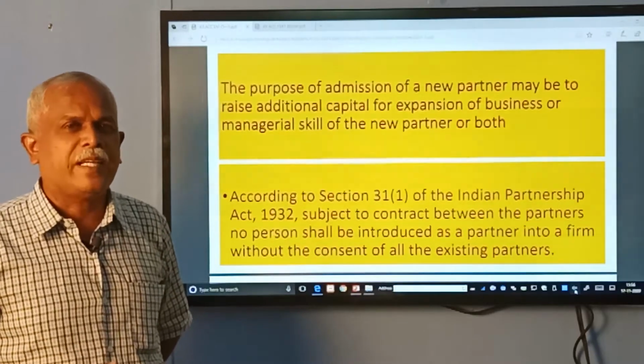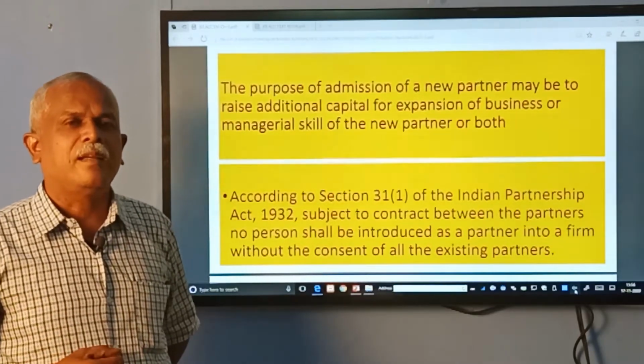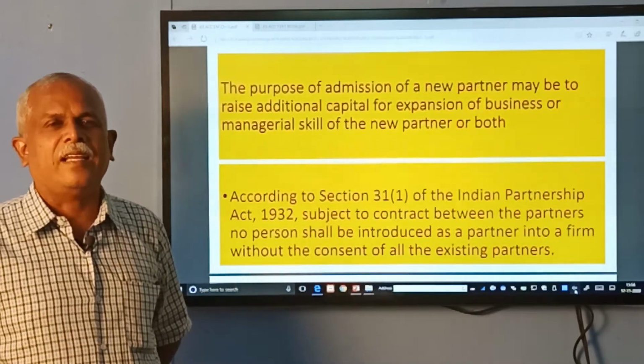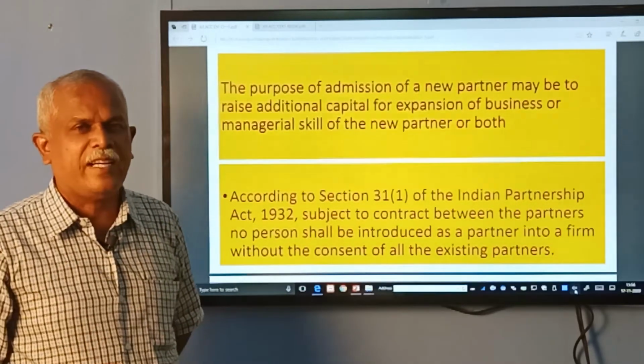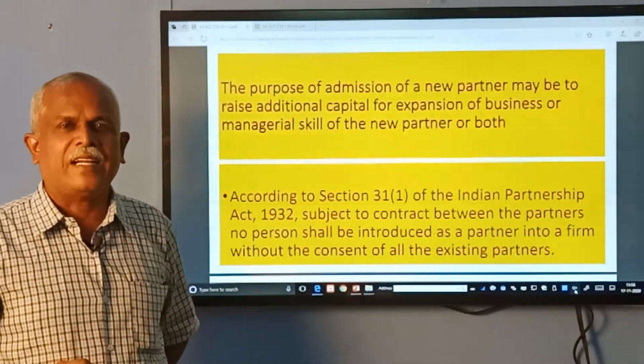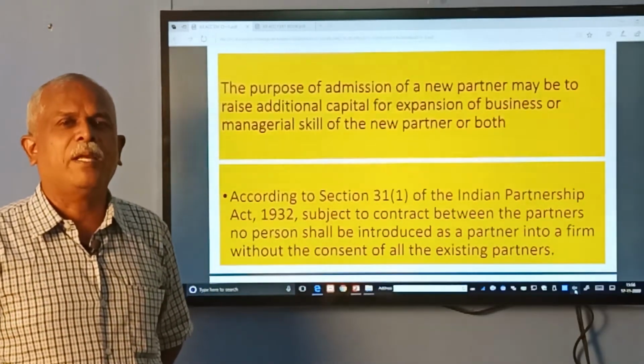So, admission can take place only when the existing partners agree, because their rights are in question. They may have to sacrifice their rights in favor of an incoming partner.